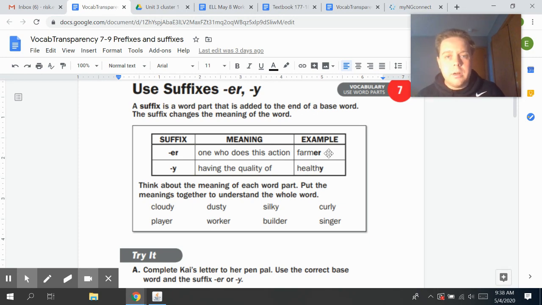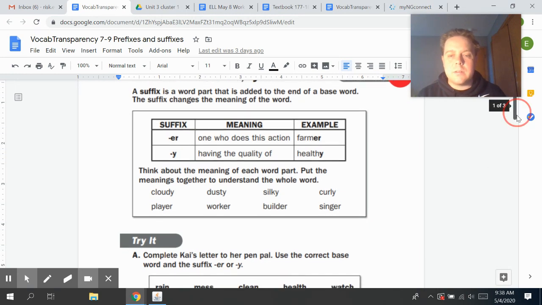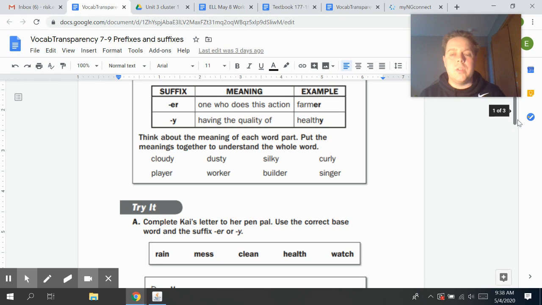A farmer is somebody who farms. Farm is the root word, er is the suffix. Farmer is a person who farms. Y means having the quality of, as a suffix. Healthy, so if you feel healthy, that means you feel like you have health.